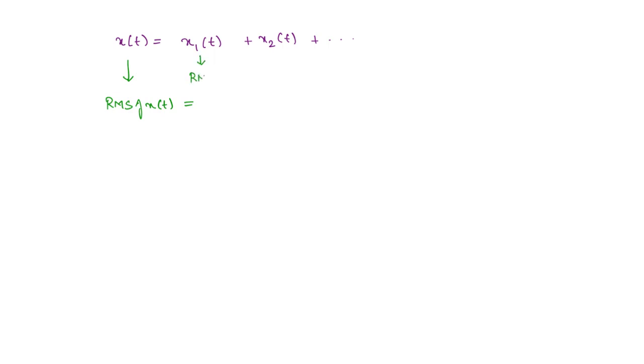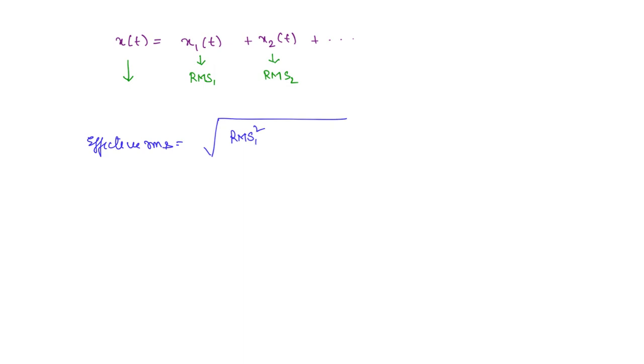Let us take this to be RMS 1, and this RMS is also known, RMS 2. Then you can find the RMS of the equivalent wave. So what will that be? Effective RMS is going to be the root over the sum of the squares of the individual RMS values. So you take the first RMS value, square it, plus the second RMS value squared, plus so on. The entire root is going to give you the effective RMS.